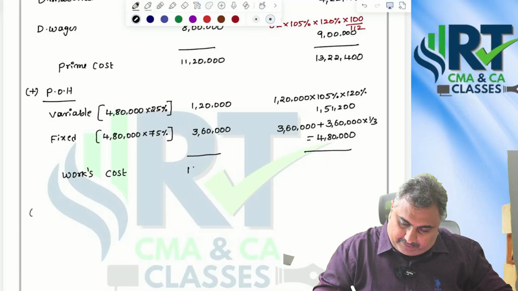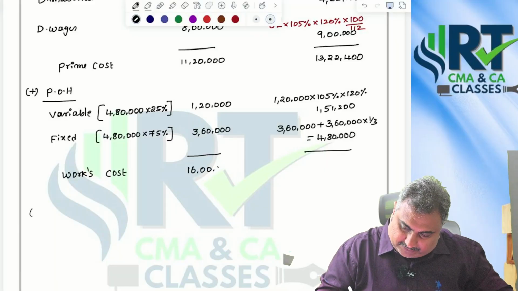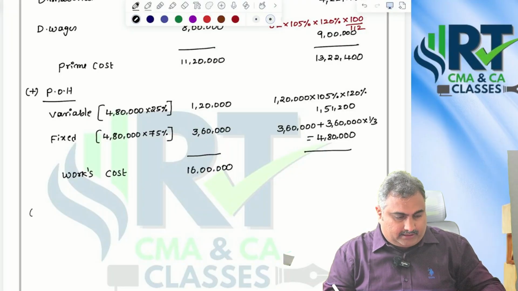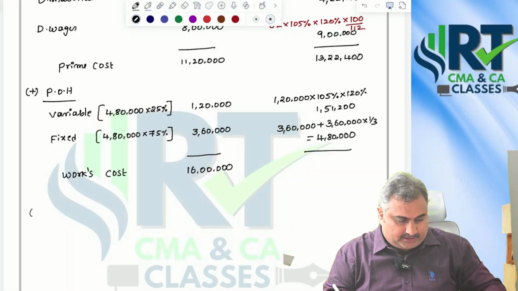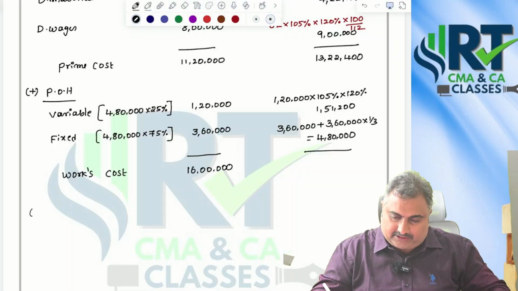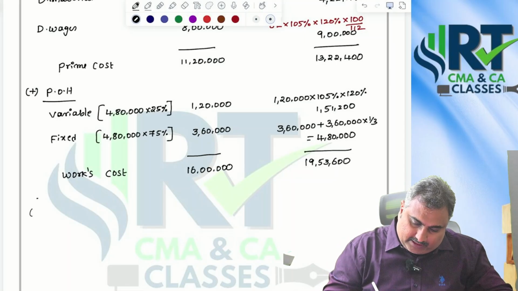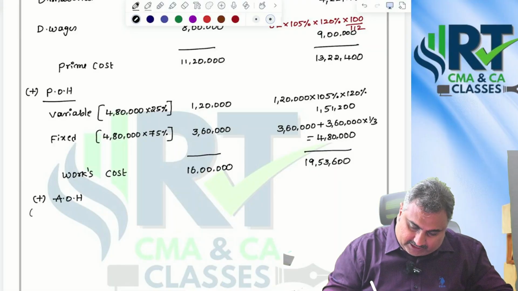So 13 lakh 22,400 plus 1,51,200 plus 4,80,000 is equal to 19,53,600 rupees. Then we are supposed to add administrative overheads.